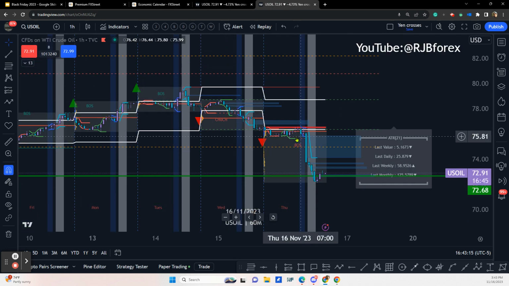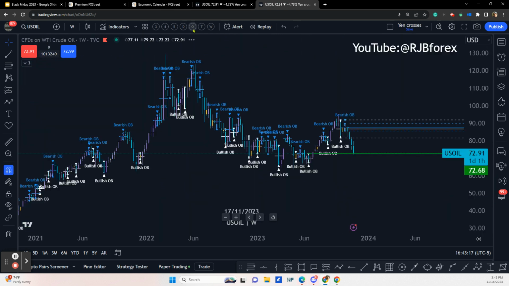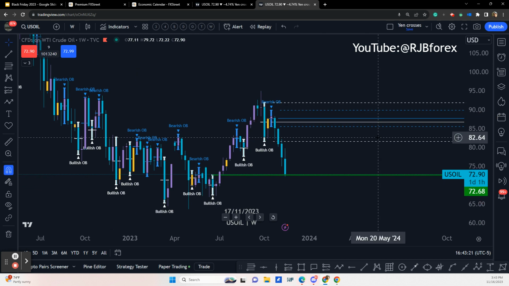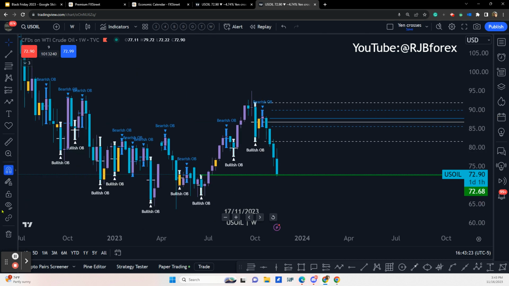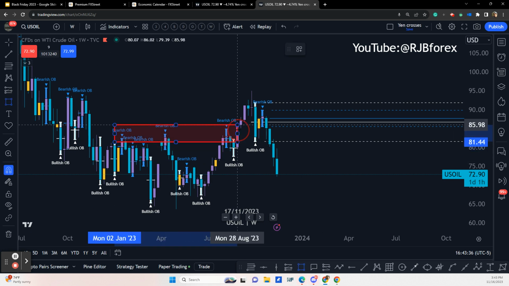Right, so I'll just do a top-down analysis on oil. So this is the weekly chart, and we have come down into the origin of that weekly rally that broke structure over there. So it broke this resistance.